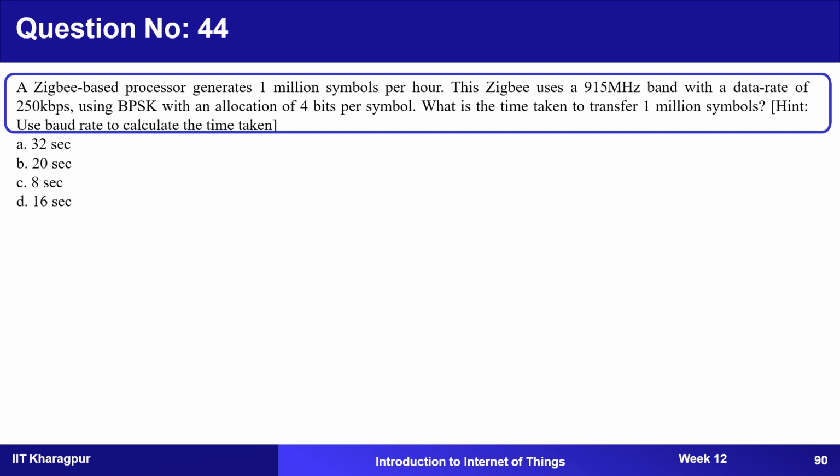Next question is, a Zigbee based processor generates 1 million symbols per hour. This Zigbee uses a 915 megahertz band with data rate of 250 kbps using QPSK with an allocation of 4 bits per symbol. What is the time taken to transfer 1 million symbols?